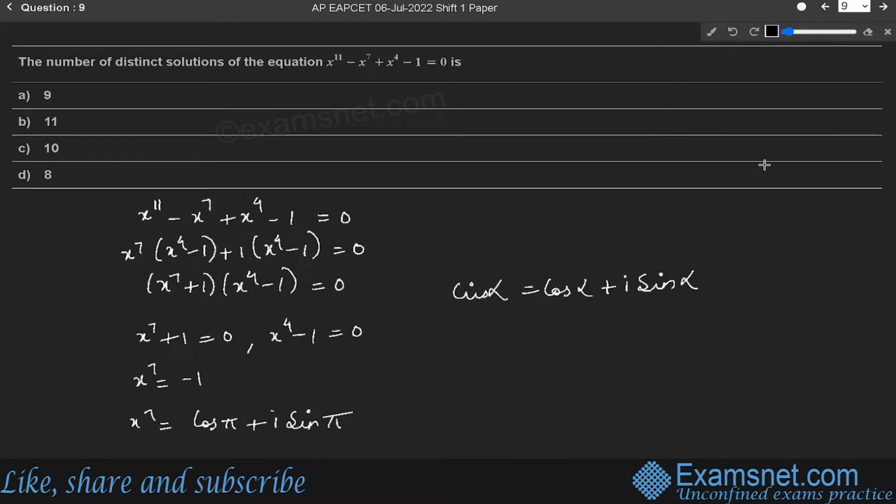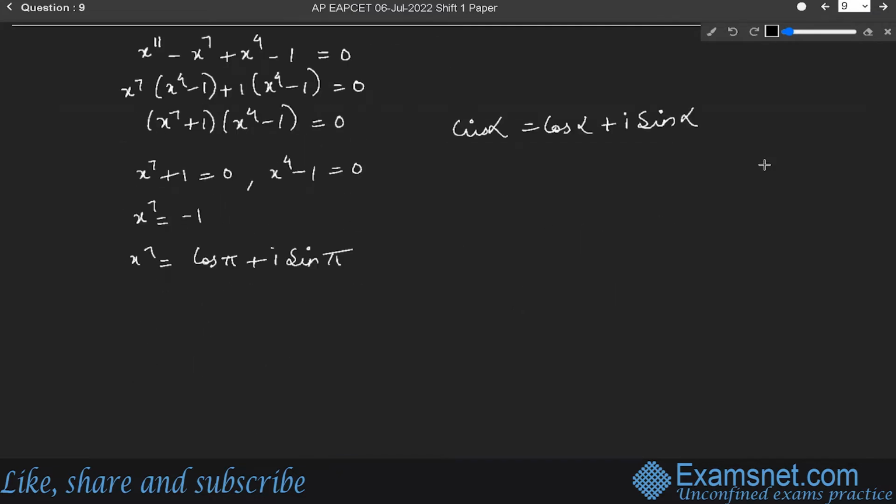Here alpha will be equal to pi. Now it can be written as x power 7 is equal to cis 2n plus 1 into pi.